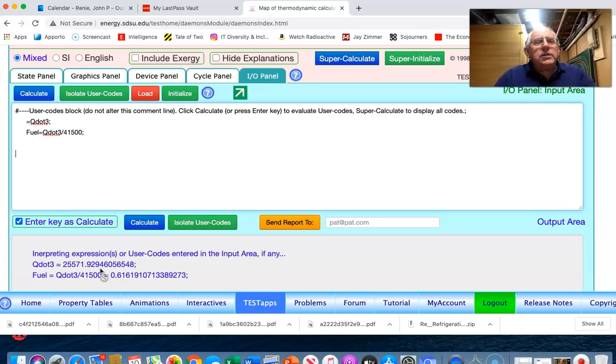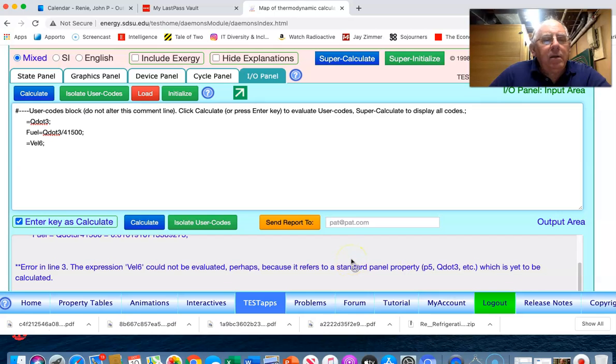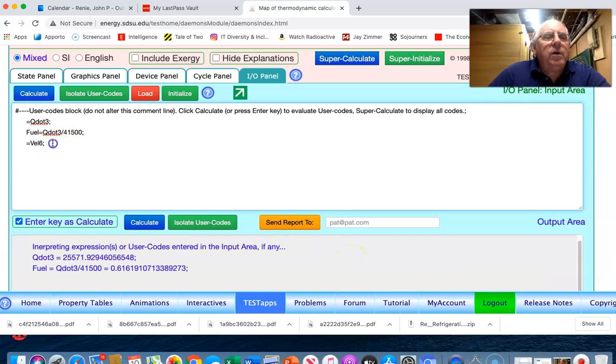We also know in this particular problem we were asked for the velocity of the exhaust gases, and that was just velocity 6. And velocity 6 is, let's see, velocity 6, return, and could not be evaluated.